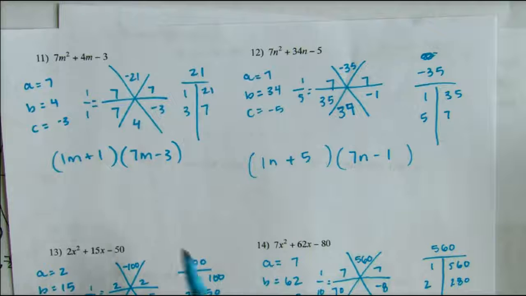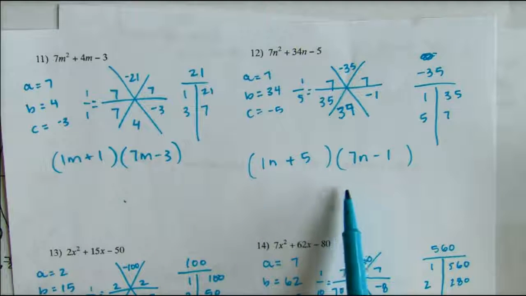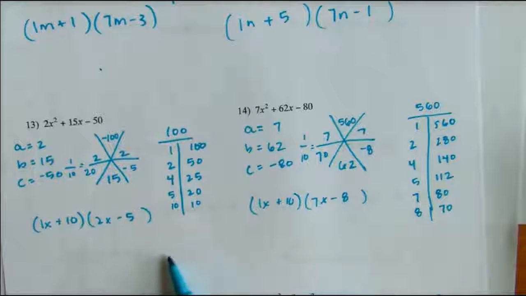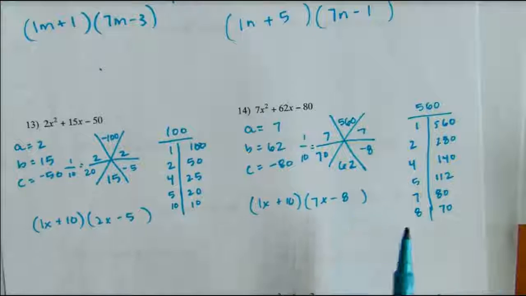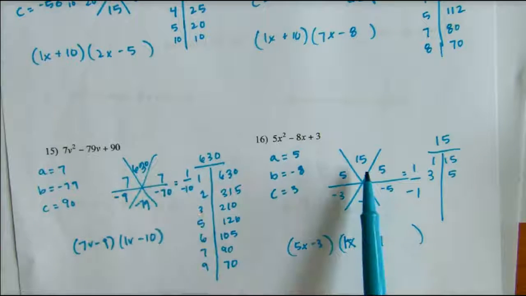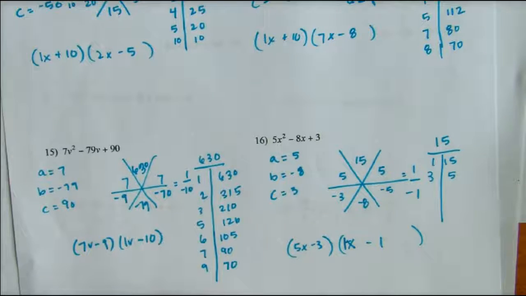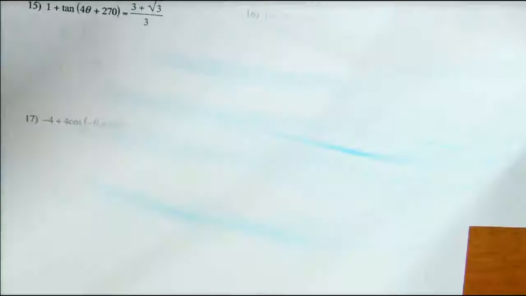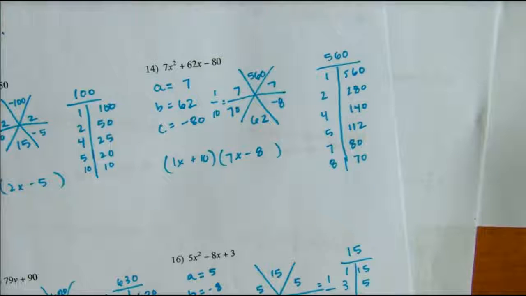Your answers to numbers 11 and 12, 13 and 14, and 15 and 16. You're done. You don't need to do numbers 17, 18, 19, or 20. You're going to move on to the next piece in the agenda.